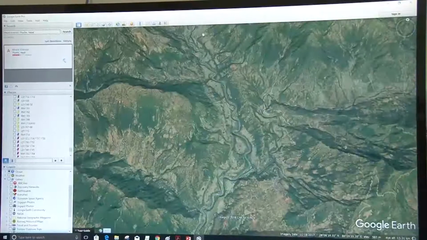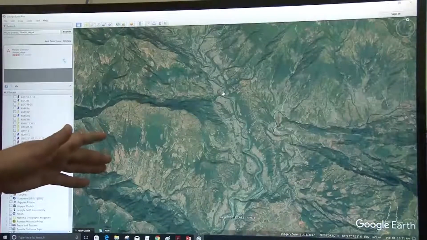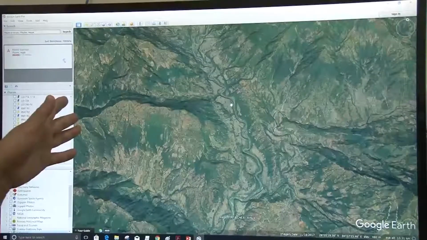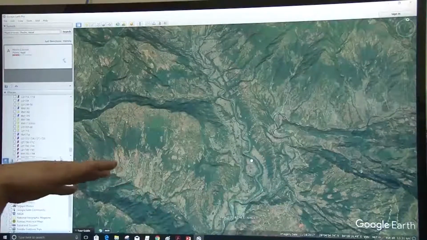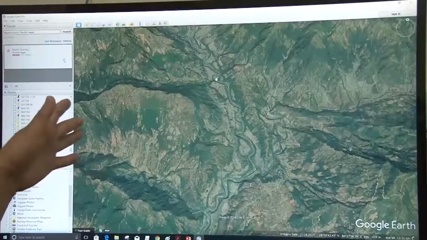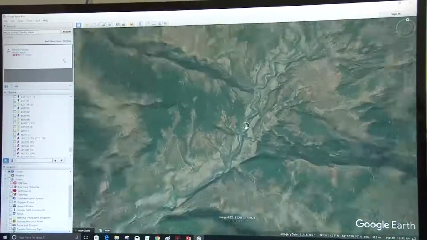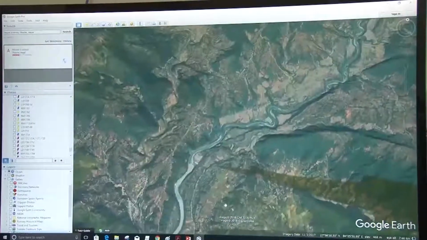So here you can see whenever in their course some rivers find some kind of low topographic relief, they start meandering. So these are very nice meandering patterns.